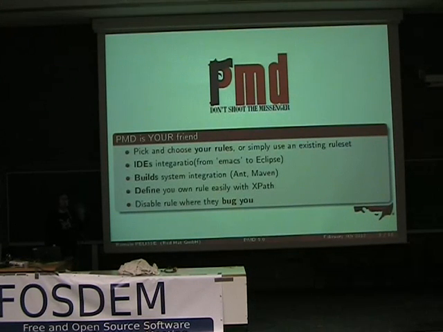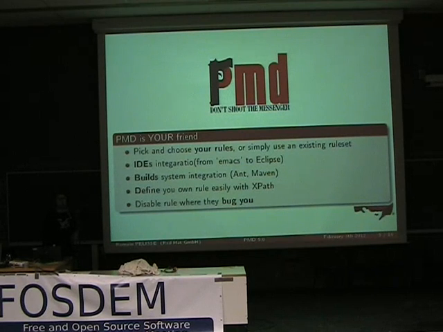Okay, so basically what I meant by all those slides is that PMD is your friend. It's not this buggy, crappy tool which is going to send you reports about stuff you don't care about. You just pick whatever you want in it. If you want to have this rule, pick it. If you don't like it, don't pick it. It's integrated in most IDEs, so if you want to use an IDE, you can probably get a PMD plugin for it. And it's integrated in any kind of build.